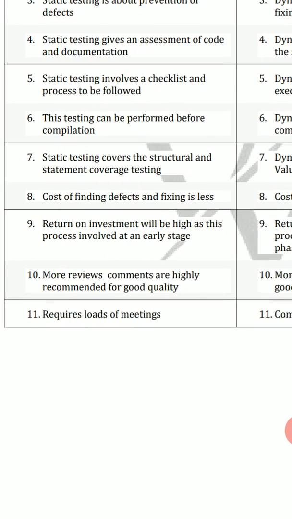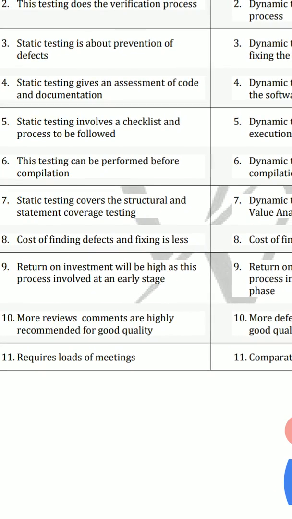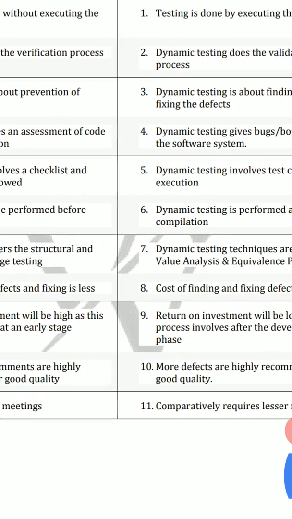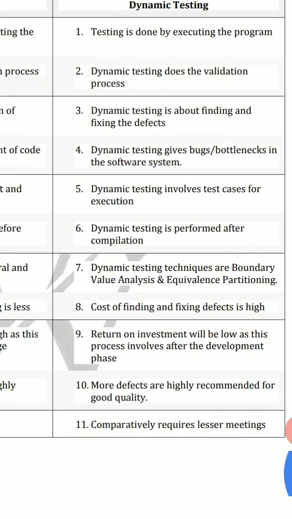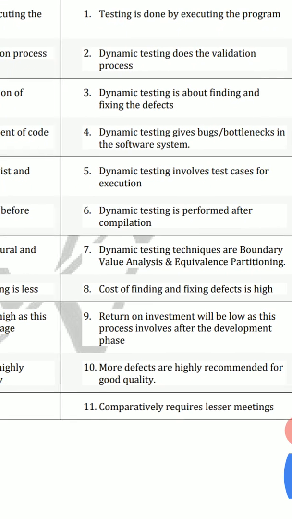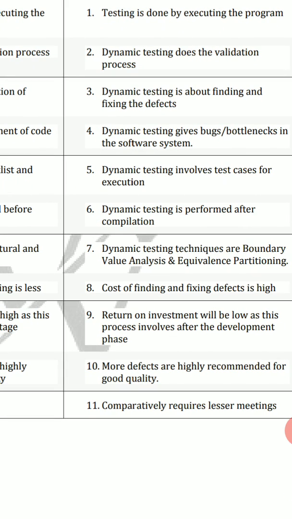Then static testing covers structural and statement coverage testing, and the dynamic testing techniques are boundary value analysis and equivalence partitioning. Boundary value analysis and some of the other testing methodologies involved in dynamic testing we will discuss in later video lectures, in detail.